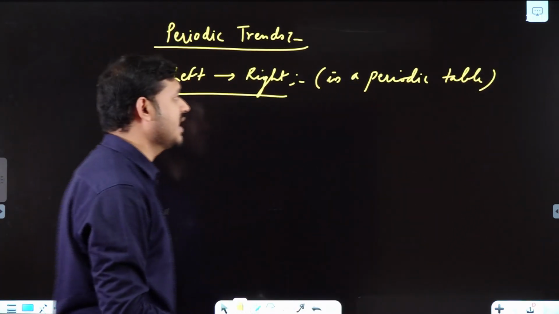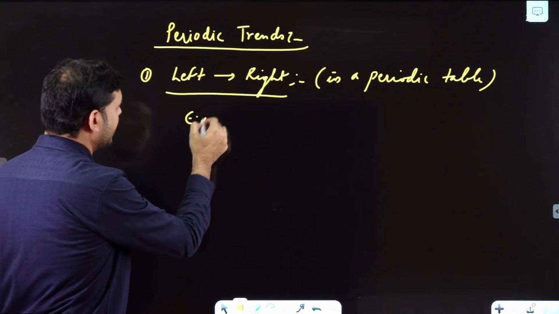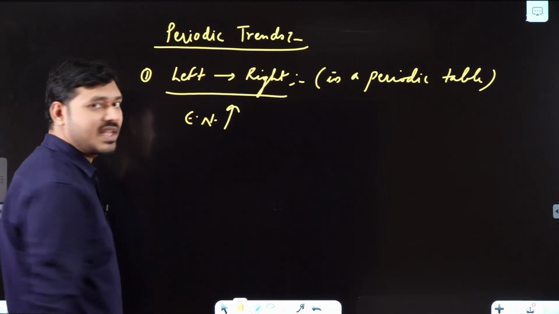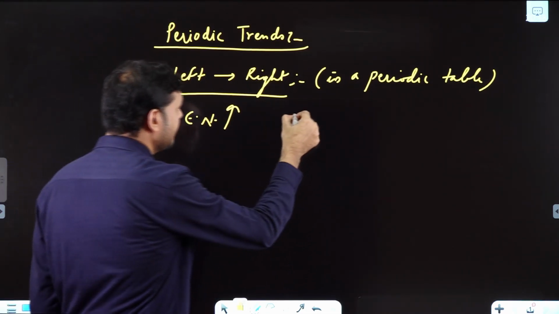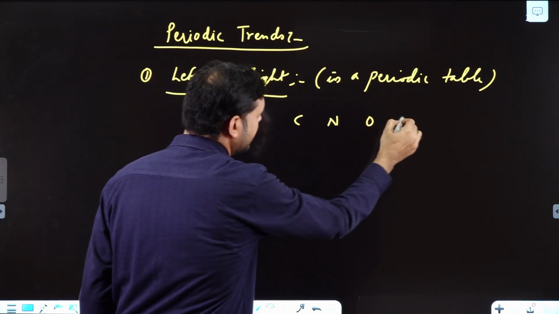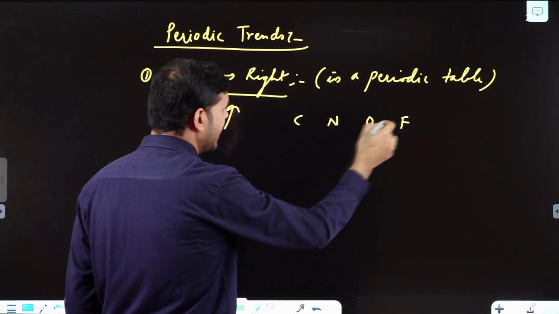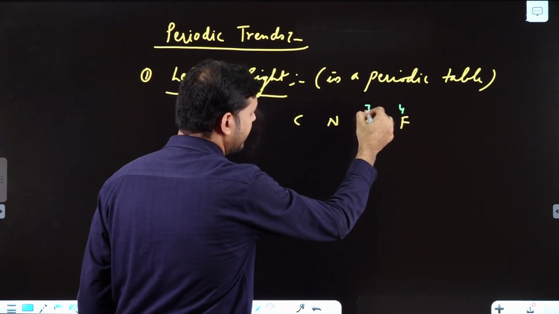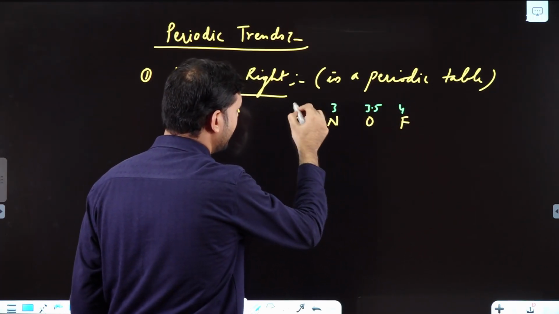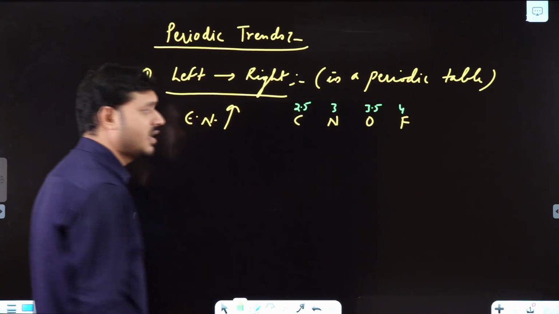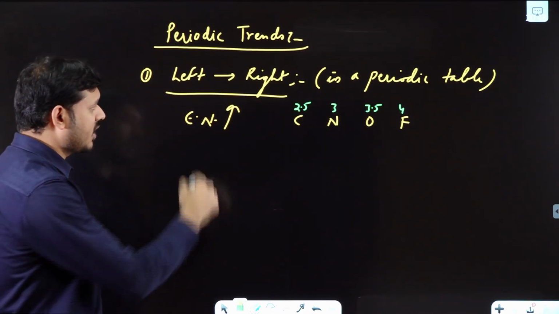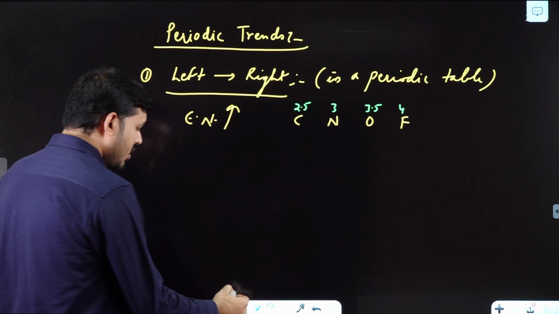Now dear students, here the electronegativity also increases, right? If I say carbon, nitrogen, oxygen and fluorine, as you know, in general the electronegativity is 4, 3.5, 3 and 2.5 if sp3. Okay, in general, electronegativity increases.